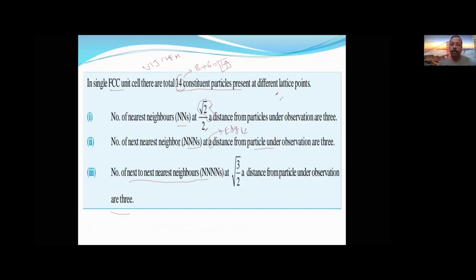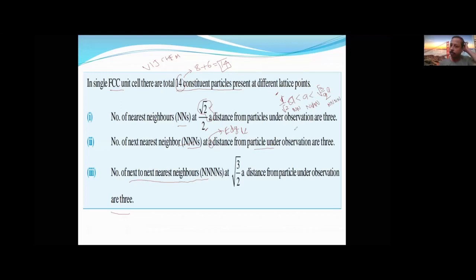So here the first will be 1 by root 2 A, then less than that, root 3 by 2 A. This is the nearest neighbor, this is the next nearest neighbor, and this is the next to next nearest neighbor.